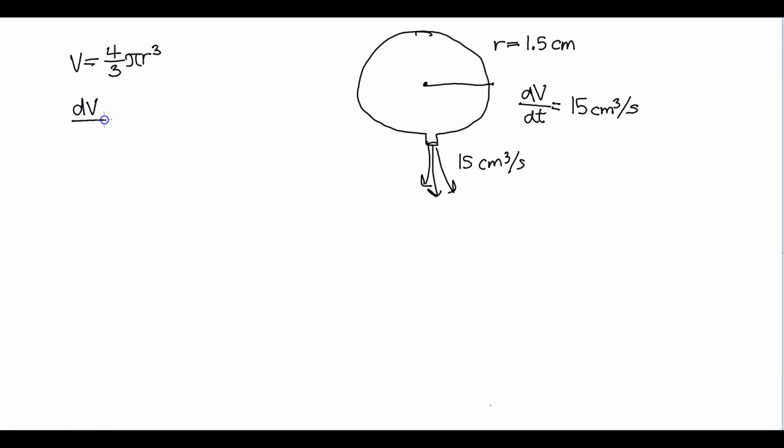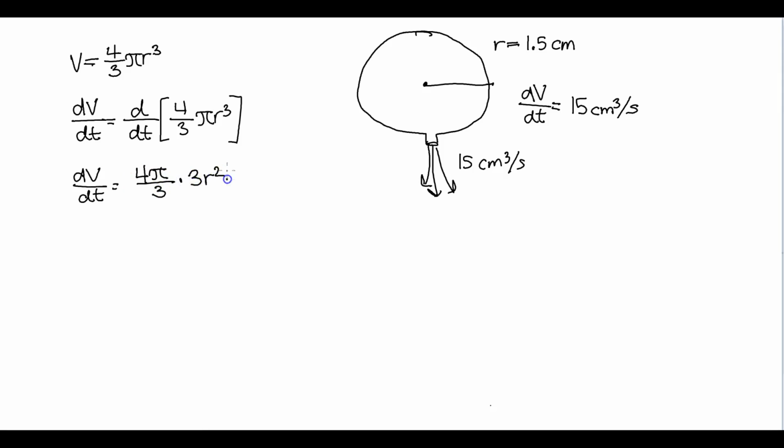So we get dV/dt equals the derivative with respect to time of 4/3 pi r cubed. So dV/dt equals 4 pi over 3 times 3r squared dr/dt.